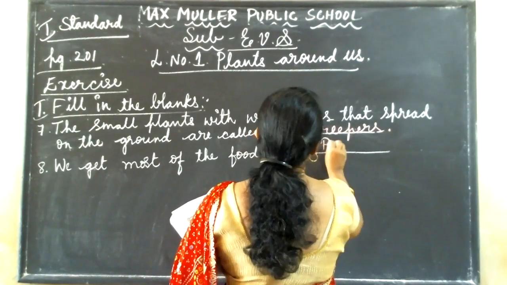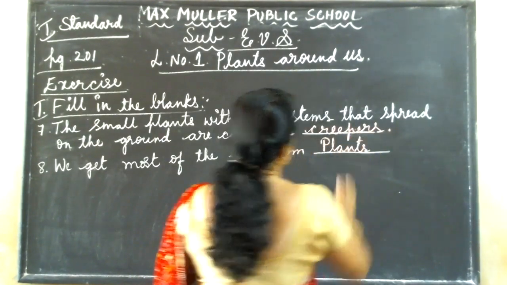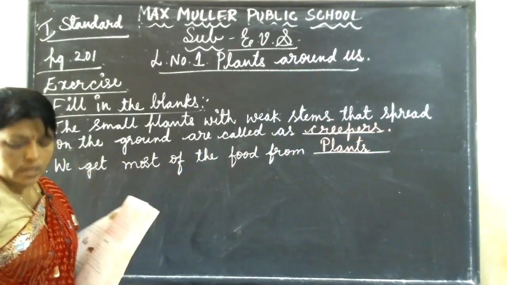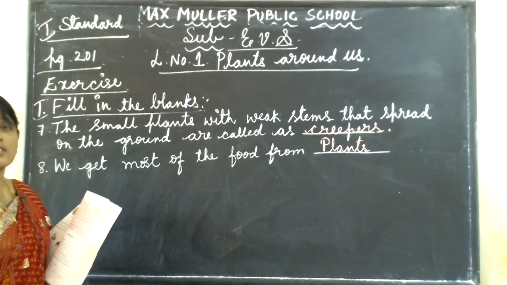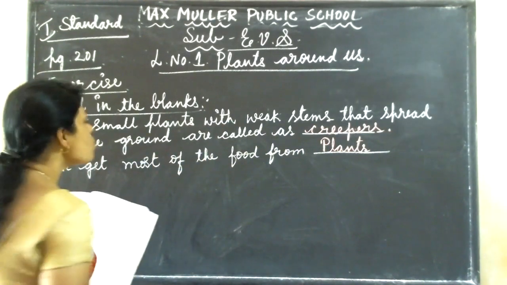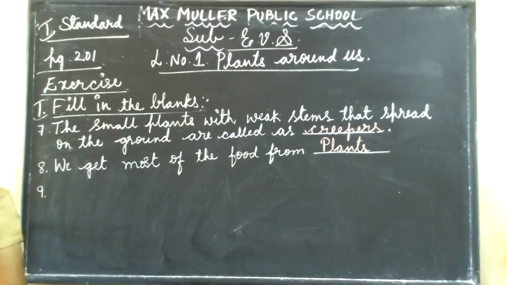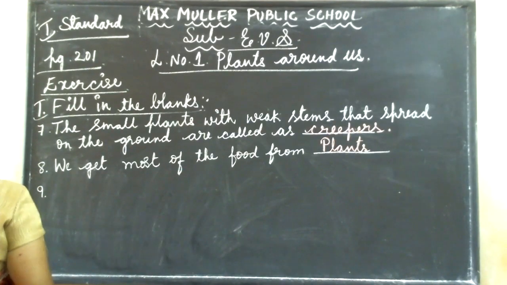Yes, from plants. P-L-A-N-T-S. We get cereals, pulses, vegetables, fruits. These are all food. Yes, most of the food we get from plants only. Then come to the next.